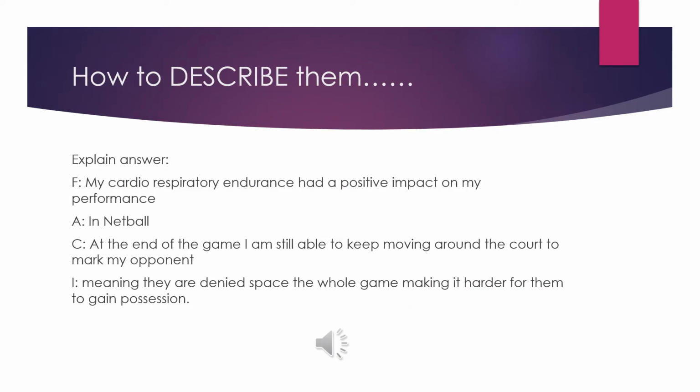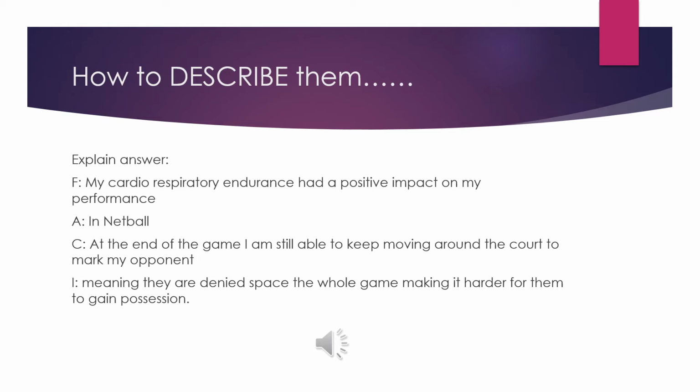So we're moving on to how to describe these strengths that you had. If you know there were strengths, you'll know already how they impact on your performance. So to begin to learn how to describe them, I'm going to show you this explain answer. Most of you had really good cardiorespiratory endurance, which impacts positively on all your performances and all your activities that you take part in school and out of school.